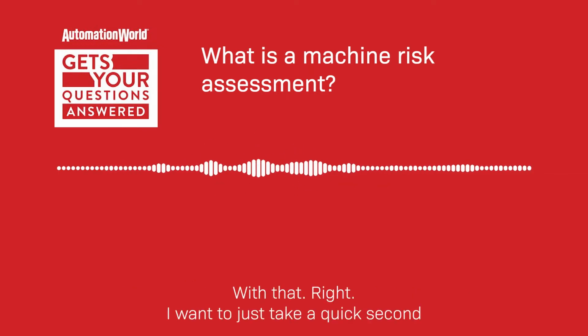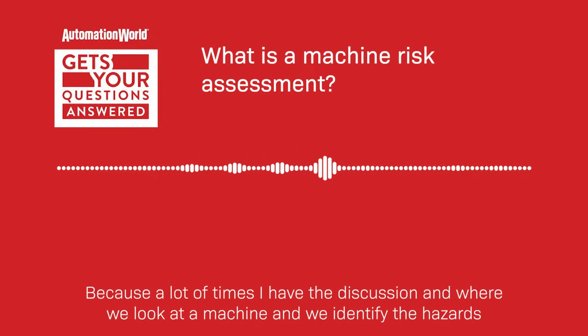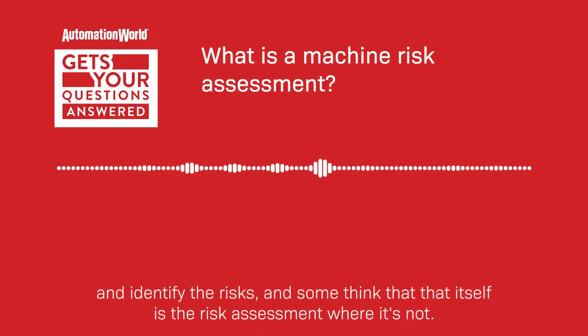But with that, I want to just take a quick second and go over a misconception with the idea of a risk assessment. Because a lot of times I have the discussion where we look at a machine and we identify the hazards and identify the risks, and some think that that itself is the risk assessment, where it's not.